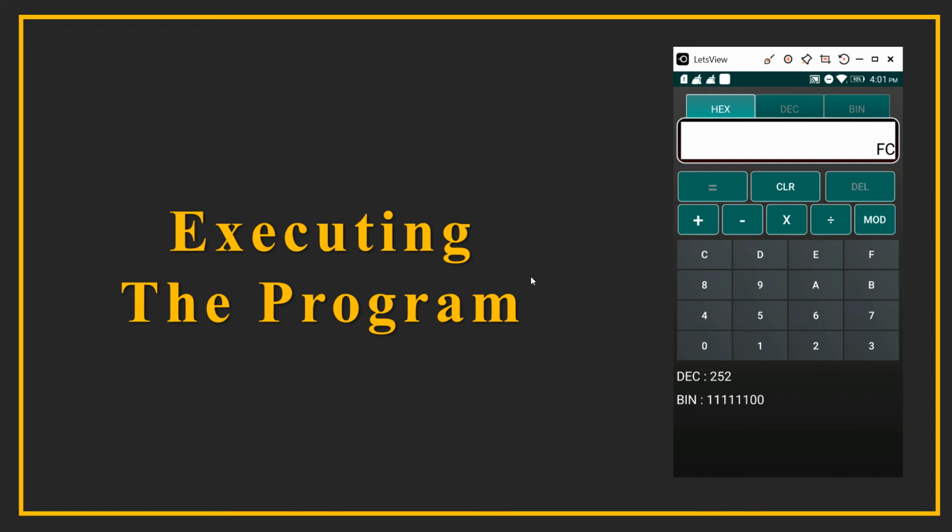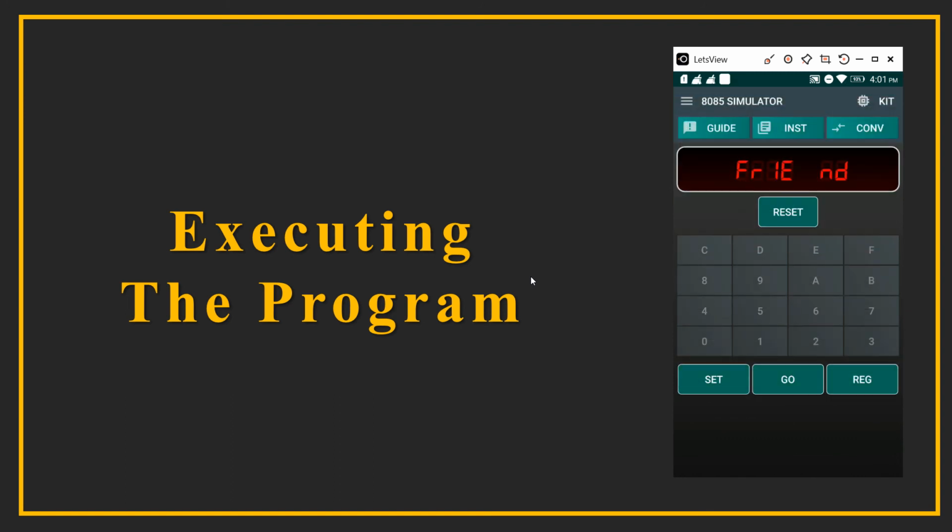The result is FC. It is also shown at the bottom of the screen as decimal and binary. So that is how you manipulate the numbers in various number systems. So that is the 3rd button about the kit. So totally there are 7 buttons which you can operate and understand the kit.